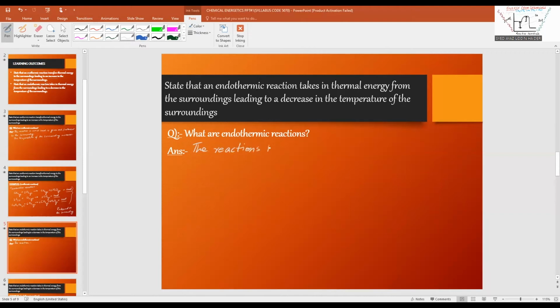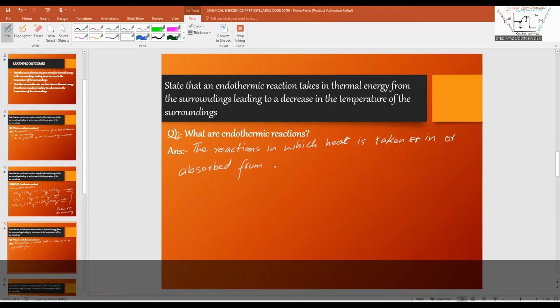The reactions in which heat is taken in or absorbed from the surrounding.